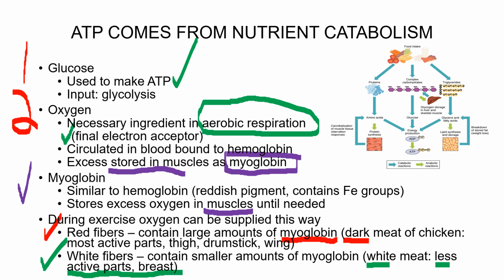But they can run around and try to dodge you from running for minutes, hours even. So they have a lot of endurance in their thighs, their drumsticks, that kind of area. But in their chest muscle and their breast muscle that actually helps flap the wings, they can only go so far for so long, right? So we'll get into more detail on that in just a little bit.